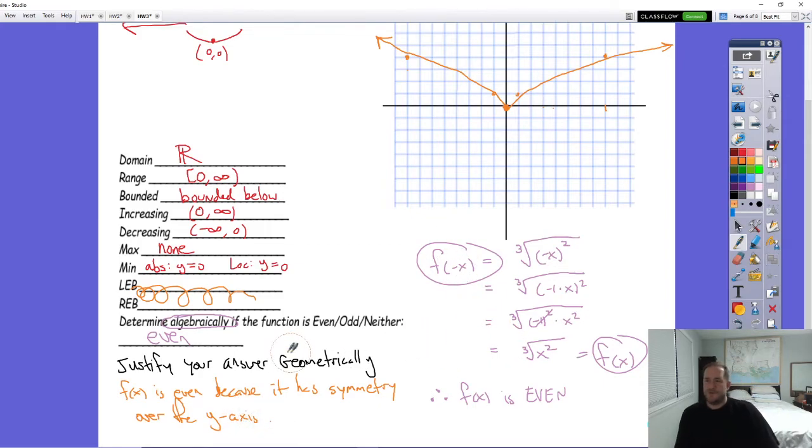And obviously, if you were trying to justify odd symmetry, you would say f of x is odd because it has symmetry over the origin, or about the origin. And you don't have to explain that. I'll assume you know that symmetry about the origin means it's got that 180-degree rotational symmetry, or it's got that two-fold reflectional symmetry. We have to reflect over the y-axis and then also reflect over the x-axis. But that should bring us pretty darn close to the end.